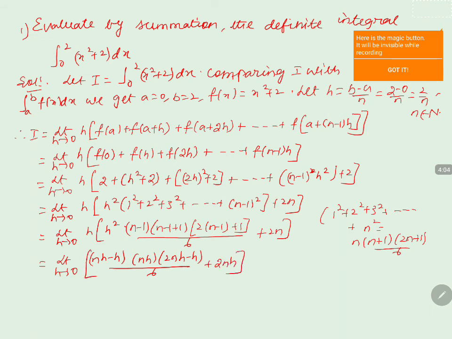Then we'll get it as limit h tends to 0, we'll write it as (2 minus h) into 2 into (2 into 2 minus h) by 6 plus 2 into 2.